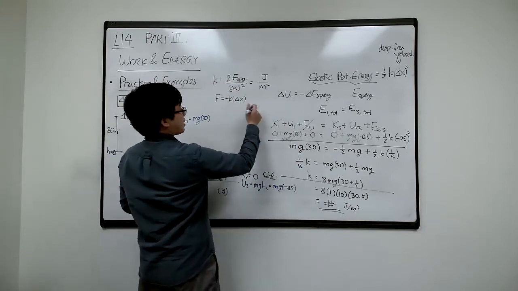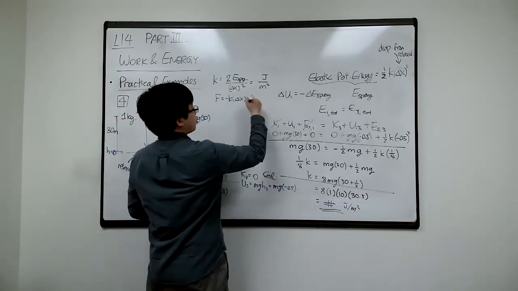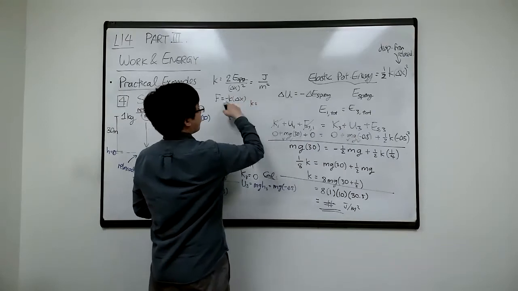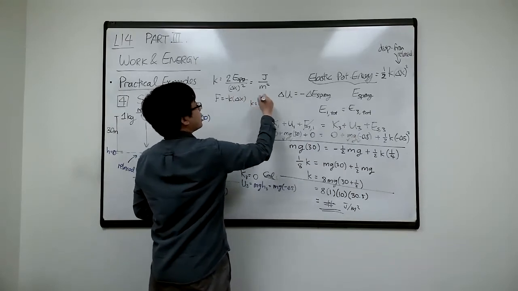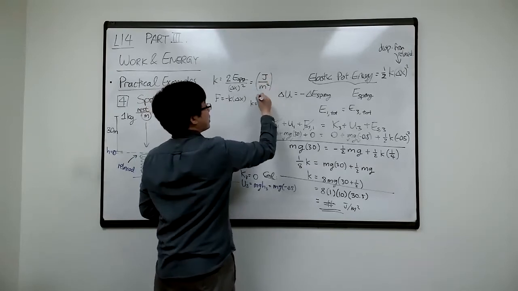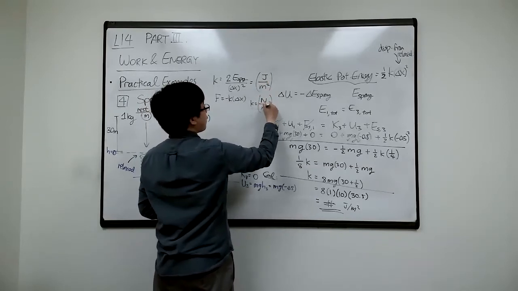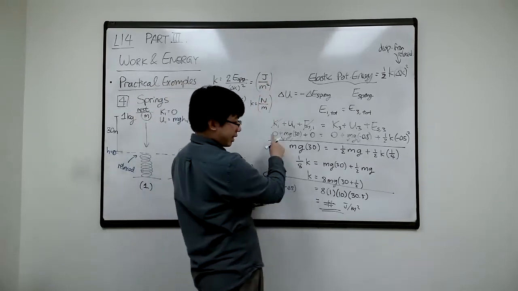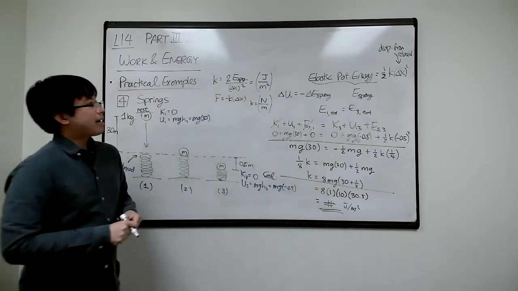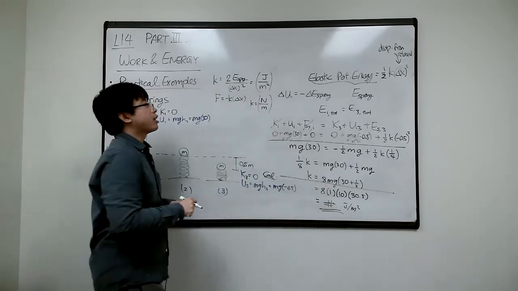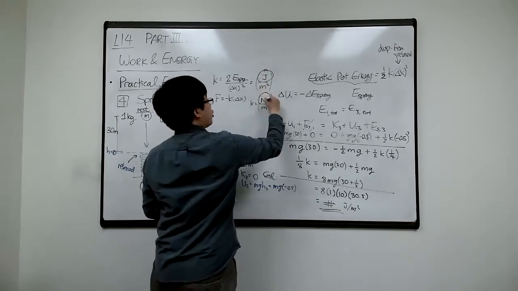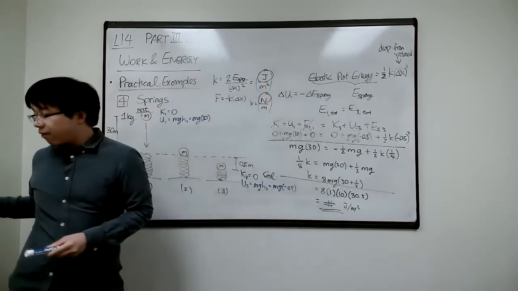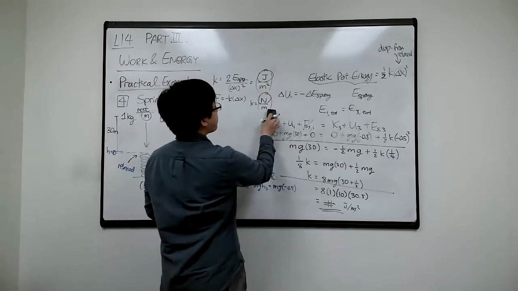We haven't talked about this formula, but if you do use it, then you have force over that, so the units, put in brackets, are newtons per meter. And you might think, hey, is that a contradiction? It's not a contradiction, because joules and newtons are also composite units. They're not the base units.